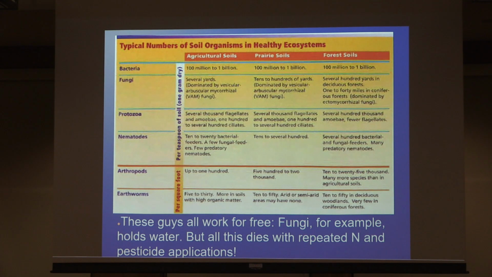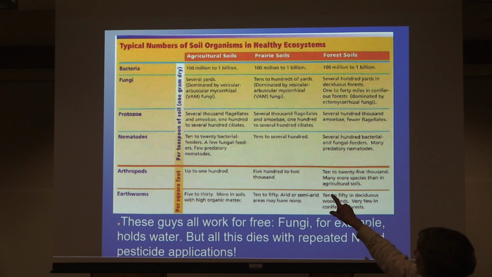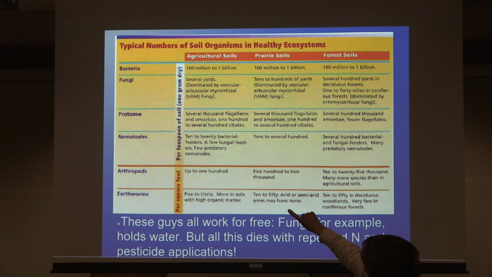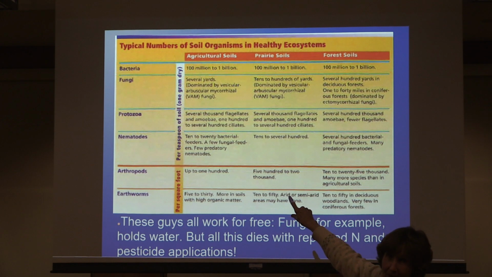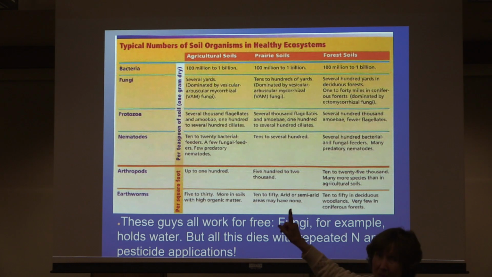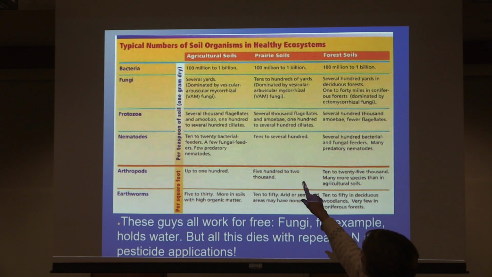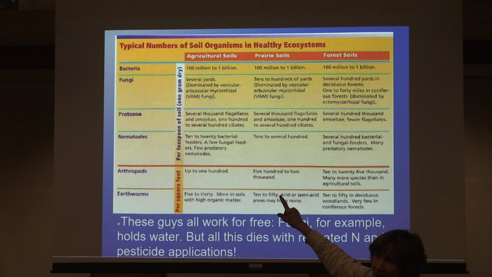So here is a kind of a fun slide, and I don't know if you can read it or not, but up here at the top it says bacteria, 100 million to 1 billion. And what you probably can't see is that little line there going up and down. It says per teaspoon of soil. Poof. So in 1 teaspoon of soil, we have 100 million to 1 billion bacteria.